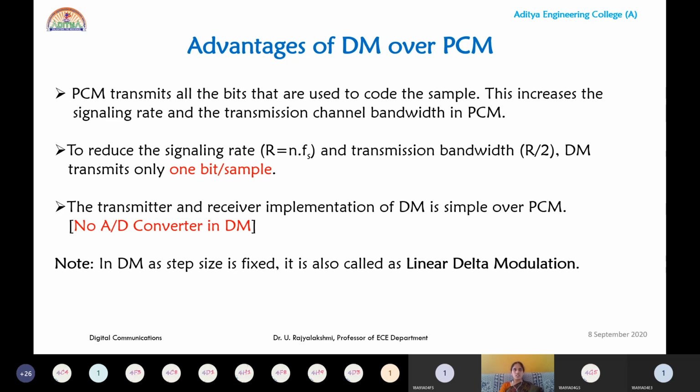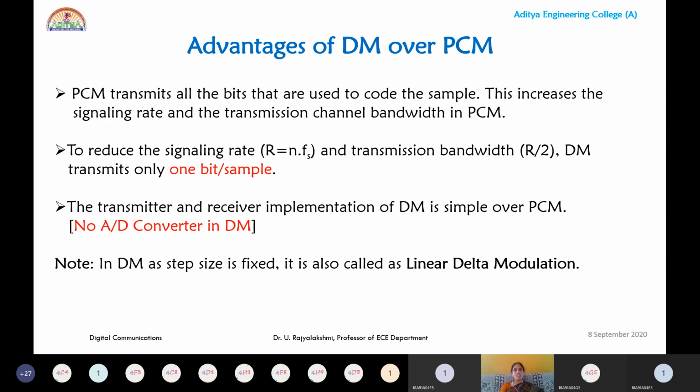How can you reduce the channel bandwidth? By reducing the signaling rate. Upon reducing the signaling rate, you can reduce the transmission bandwidth, because there exists a relation between signaling rate R and the transmission bandwidth, R by 2, where signaling rate is defined as the product of N and Fs.